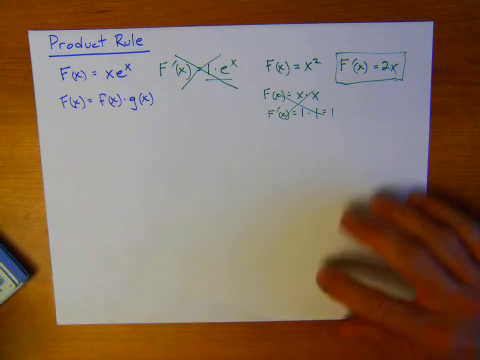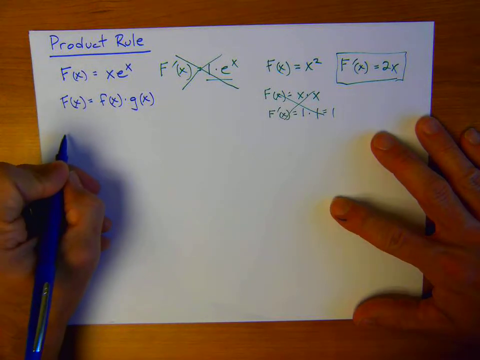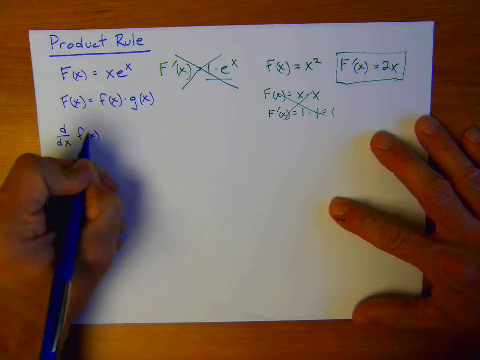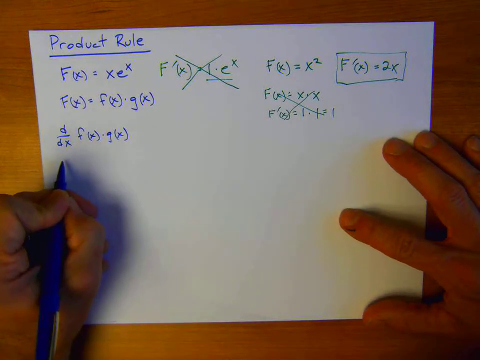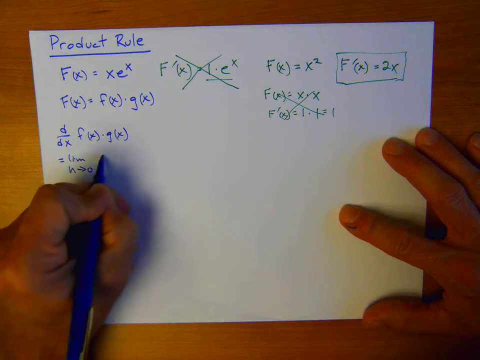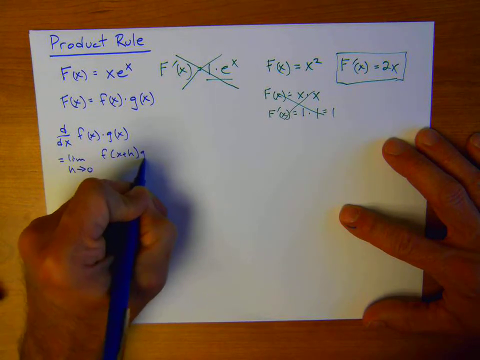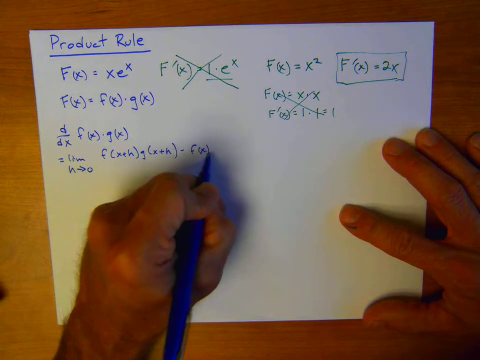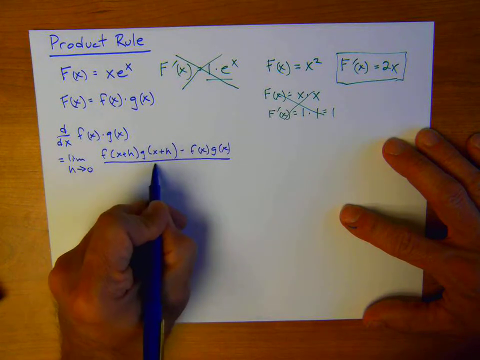So let's go back to our definition. So we're taking the derivative with respect to x of f of x times g of x. Well, our definition says that that should be the limit as h goes to 0 of f of x plus h times g of x plus h minus f of x times g of x all over h.